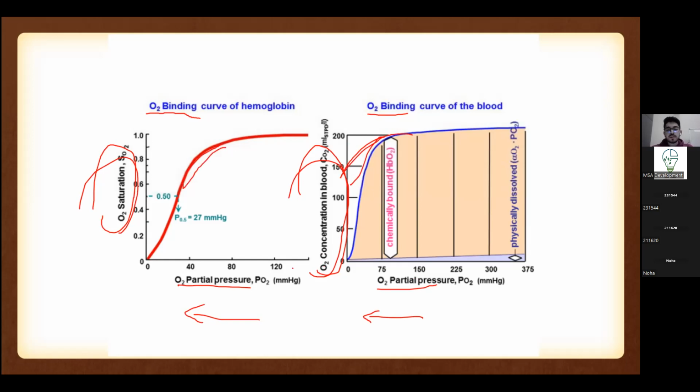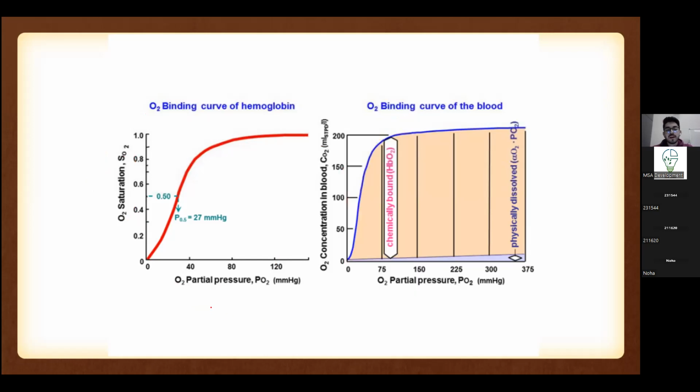But a very tricky concept, other than this one, is the fact that in cases of anemia, when we lose a portion of our hemoglobin, we are going to see a decrease in concentration, but saturation is going to stay the same. I'm going to explain why.